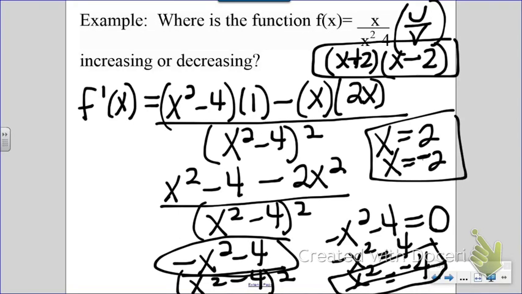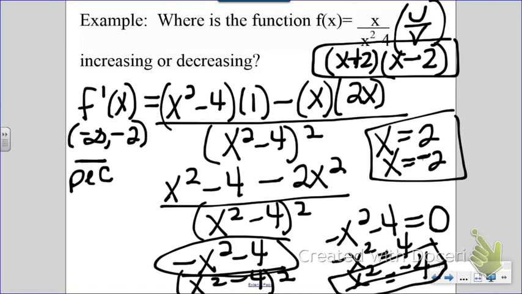Minus 4 is still negative. And then in the denominator, no matter what, since it's squared, it's positive. Negative divided by positive is going to be negative. So between negative infinity and negative 2, it's negative, which means the function will be decreasing.